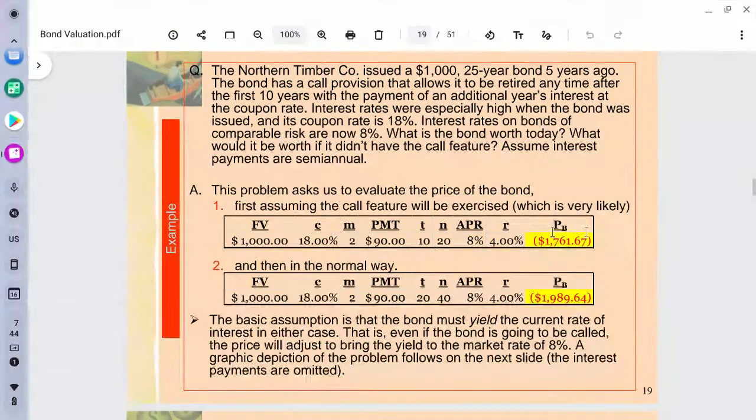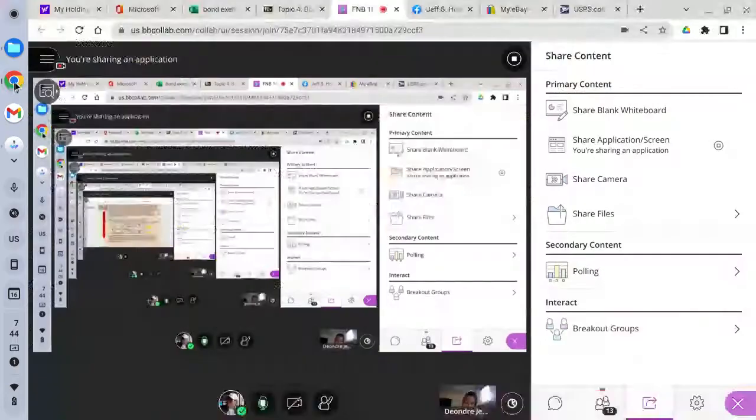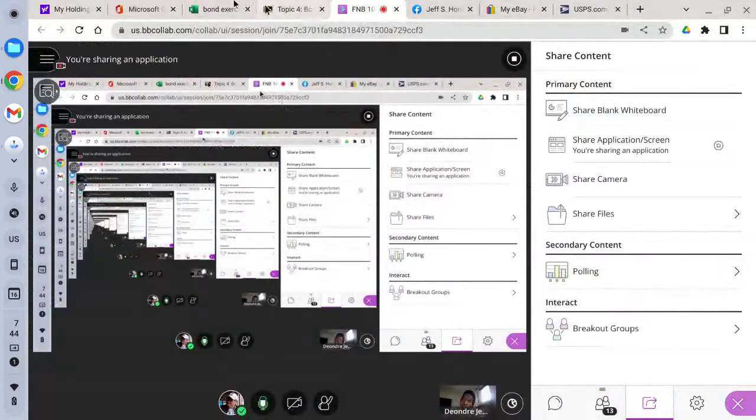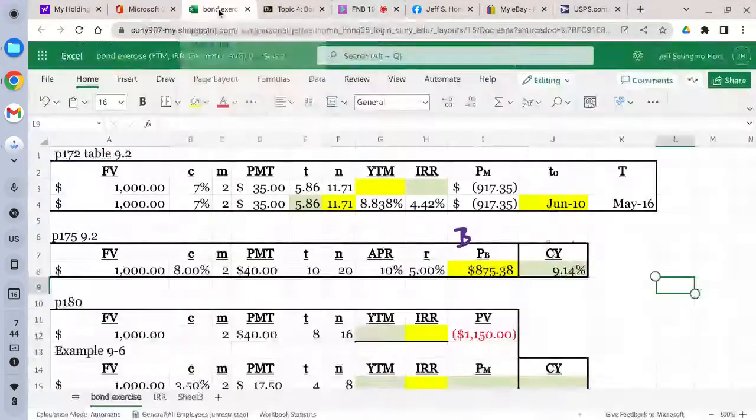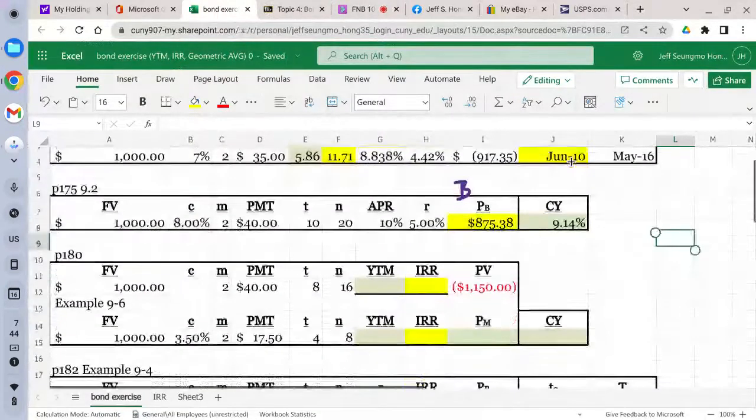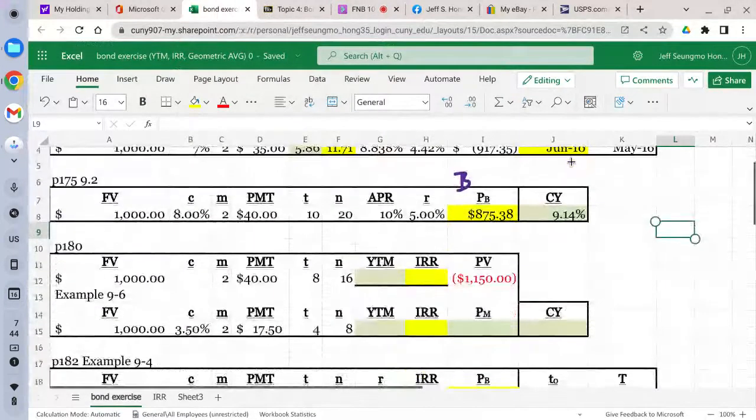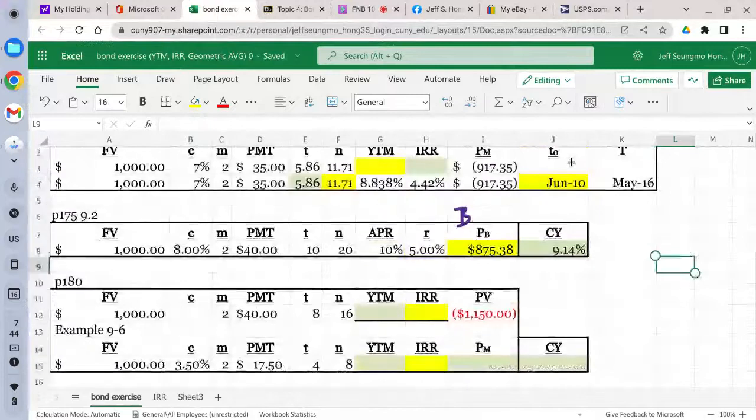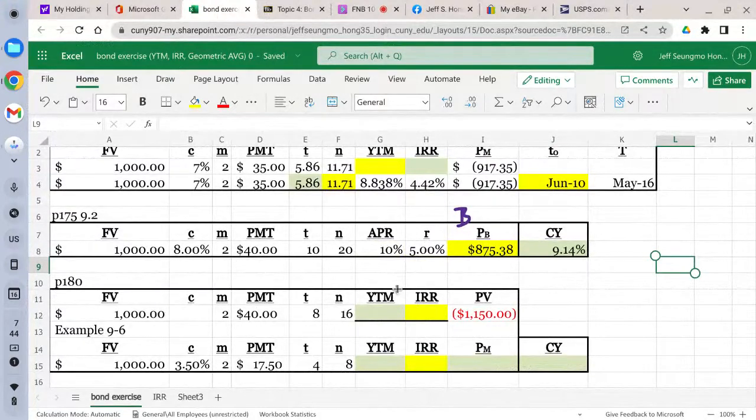Let's see. And the second, if it is valued as a regular, non-callable bond. So let's go back. I don't know which example. I can use this as the example.